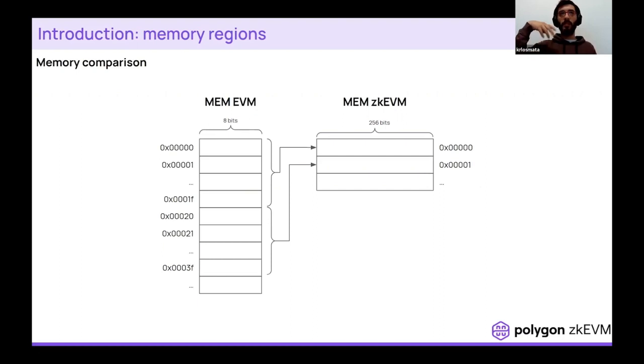If the bytes are aligned in 32 bytes, it's really straightforward to take 32 bytes of the EVM memory and put them in the zkEVM. But what happens if there is some misalignment? What happens if we need to take the first part of the slot in the zkEVM and write some number over there, and at the same time take the second slot and write some number over there? This is a little bit tricky, and we have a special state machine to deal with that, which is the mem align.